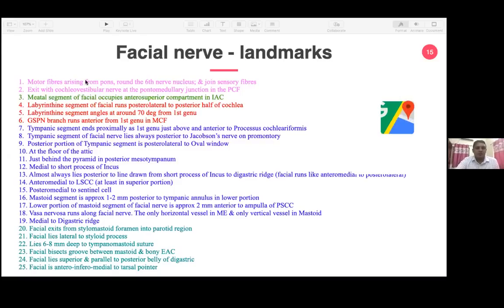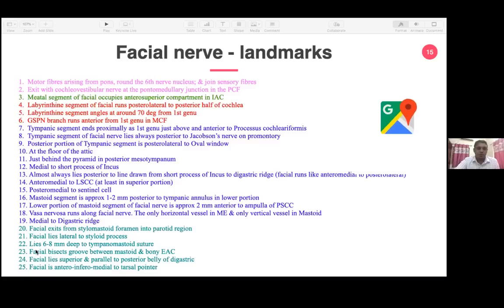The landmarks shown in pink are in the CP angle here. The one shown in green is the landmark for the facial nerve in the internal auditory canal. This is in the labyrinthine segment. The one shown in blue is related to the tympanomastoid area.